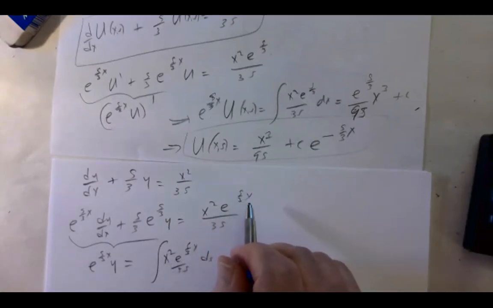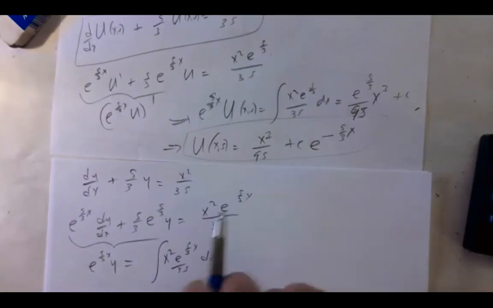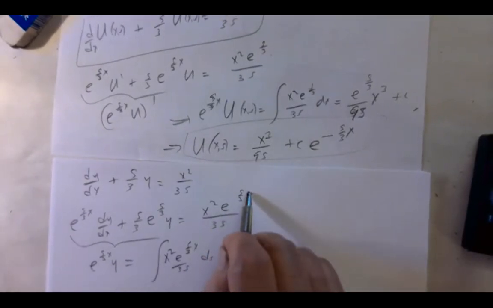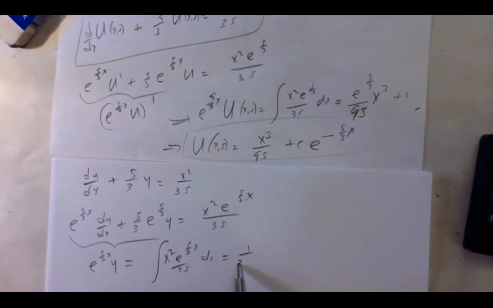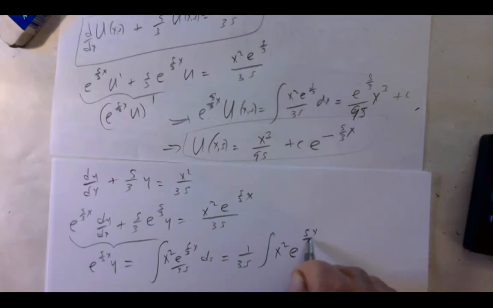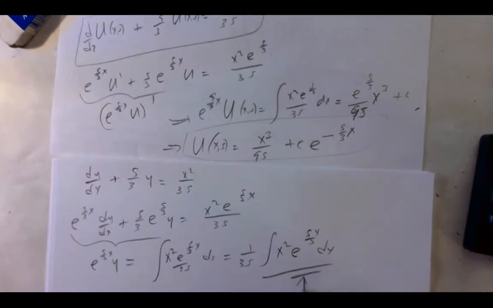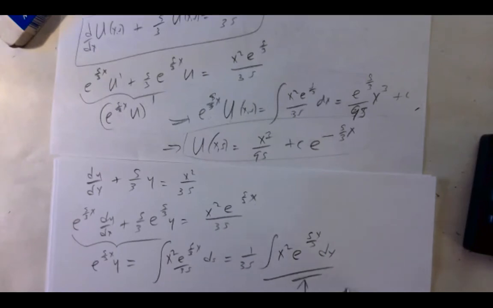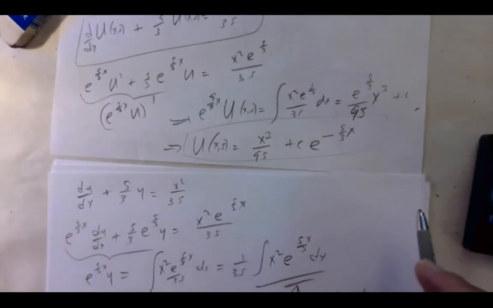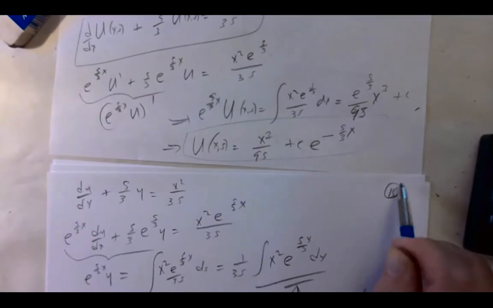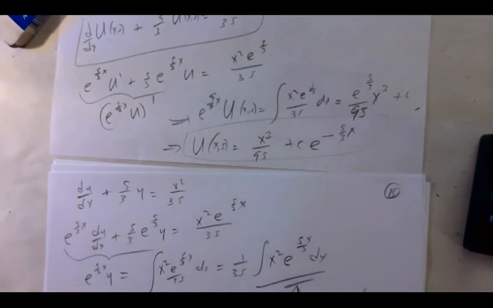Sorry, yeah, that's my mistake. So this is 1 over 3s, the integral of x squared e to the s x over 3 dx. And then you have to integrate this by parts twice to find the solution.